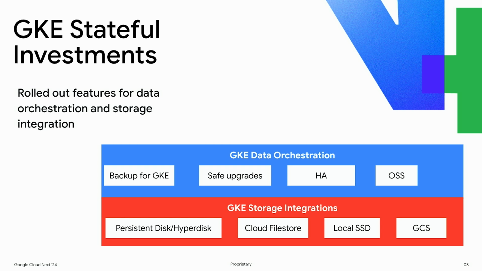So we built a bunch of features like Backup for GKE, stateful HA, and upgrades that are aware of stateful applications. And then, of course, they also wanted storage integrations. That was a layer we also built, with integrations with CSI, the Container Storage Interface, with block, file, object, and all of the different storage selections customers would need to run stateful applications.